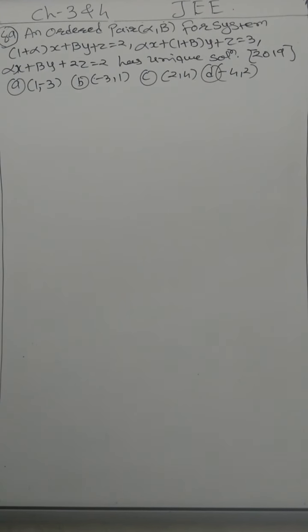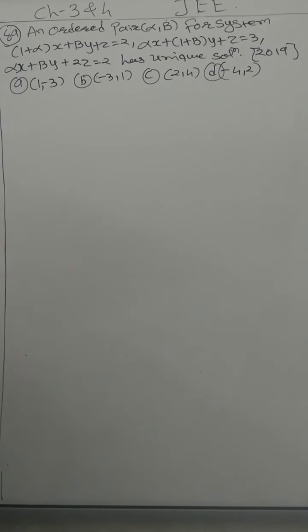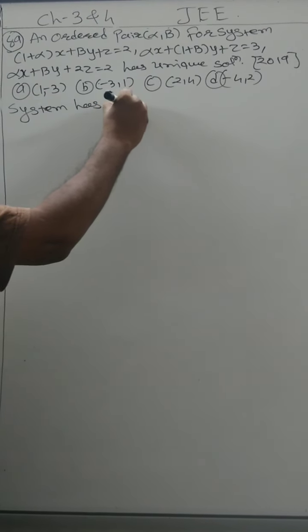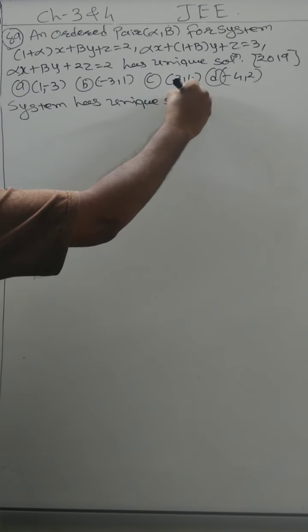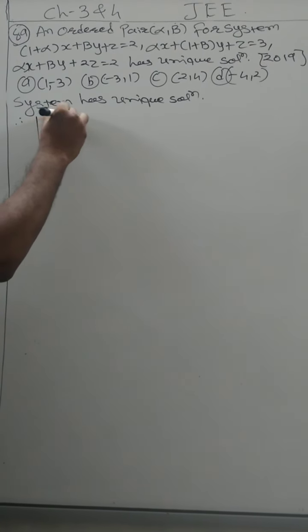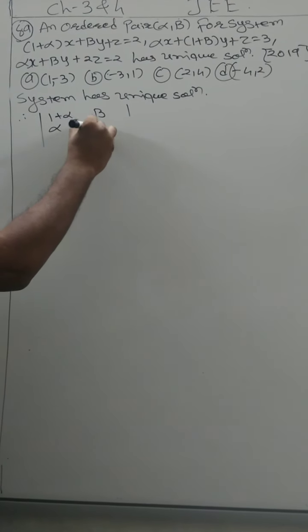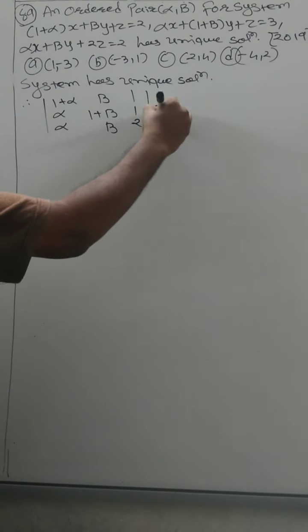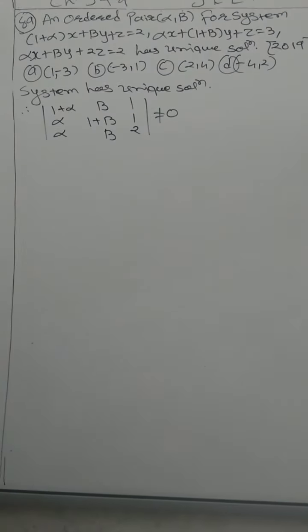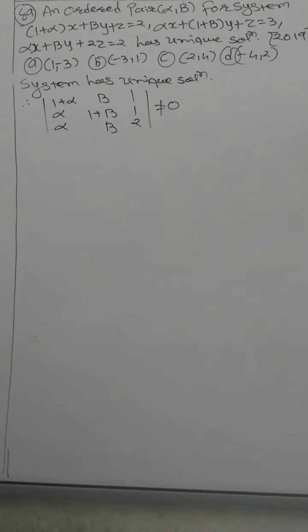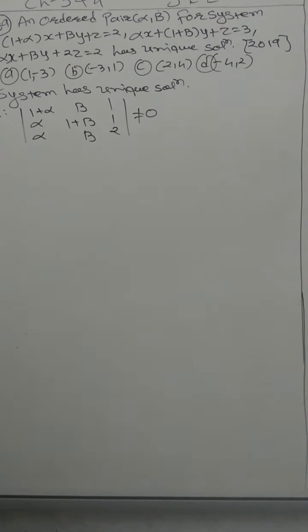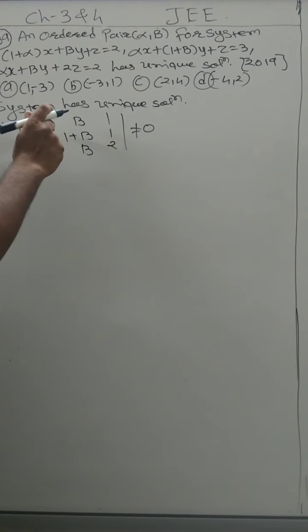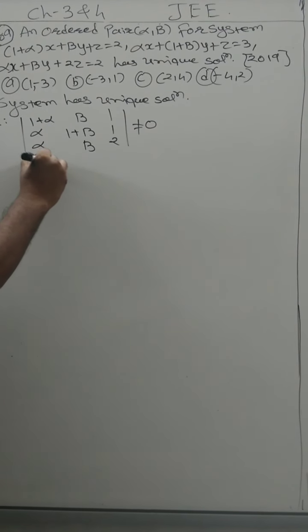So the system has a unique solution, therefore its determinant is not equal to 0. Therefore, the determinant of [1 plus alpha, beta, 1; alpha, 1 plus beta, 1; alpha, beta, 2] is not equal to 0. So this is our first simplification. Now, what do we do? Here we just simplify, means we subtract the third row from the first and second.